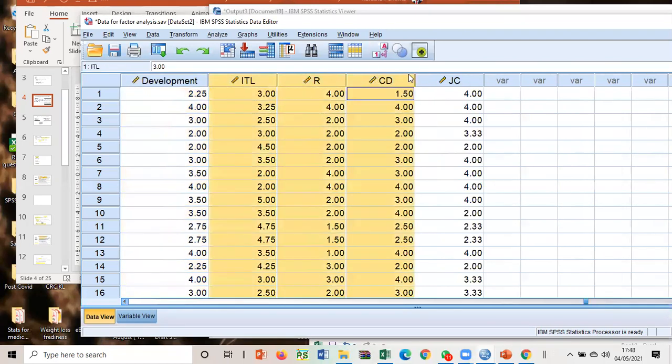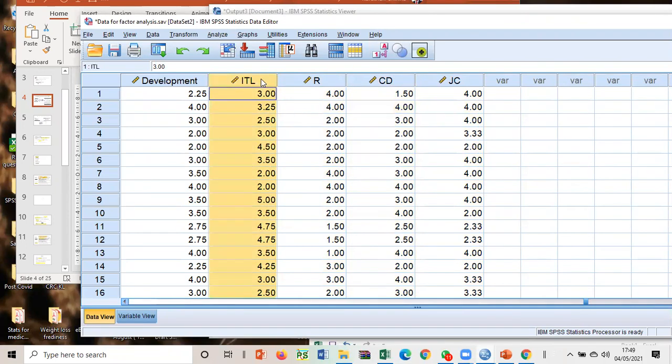Now, what do I want to know? What's my objective? Association. ITL, does it depend on remuneration, CD, and JC? How many variables here? 4 variables. Are they quantitative or qualitative? Quantitative. Which is the dependent variable?